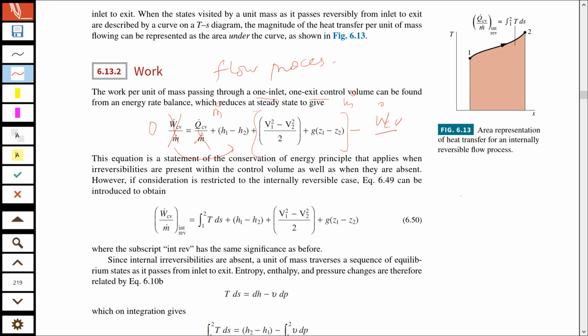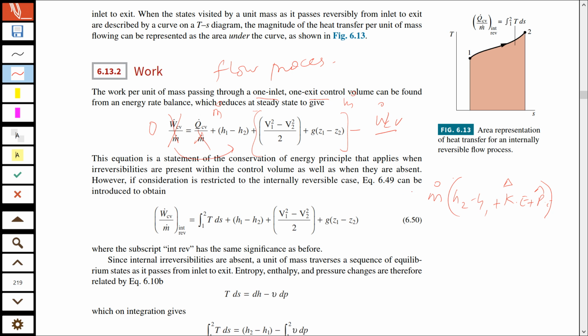Now, if you recall the energy rate balance, m dot had to multiply the change in enthalpy, the change in kinetic energy per unit mass, and the change in potential energy per unit mass.